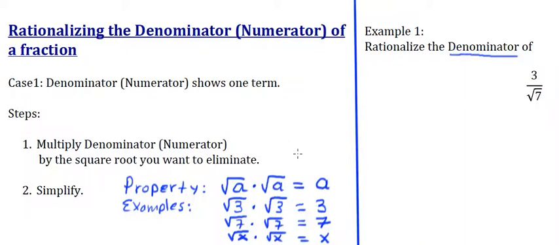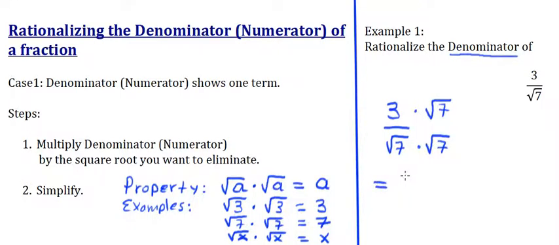Okay, so now example number 1: rationalize the denominator of 3 over the square root of 7. Let's follow the steps. The first step says multiply the top and the bottom by the square root you want to eliminate. We're rationalizing the denominator, so we multiply top and bottom by the square root of 7.